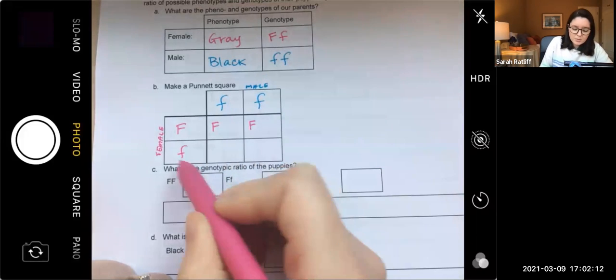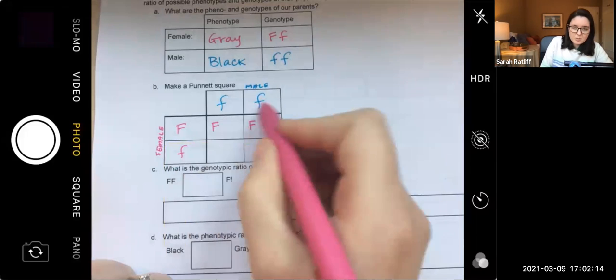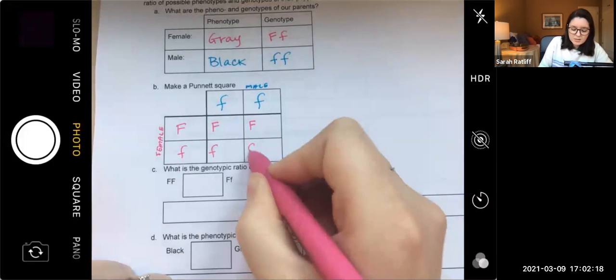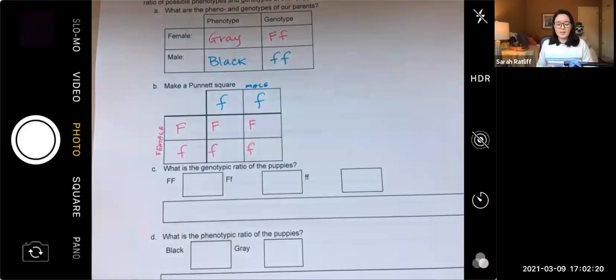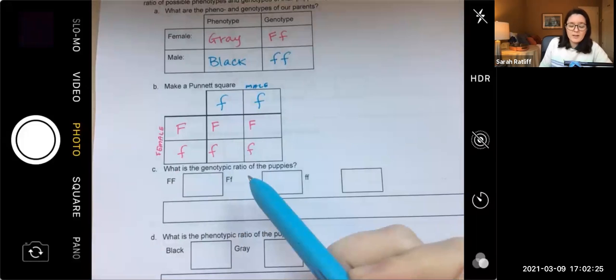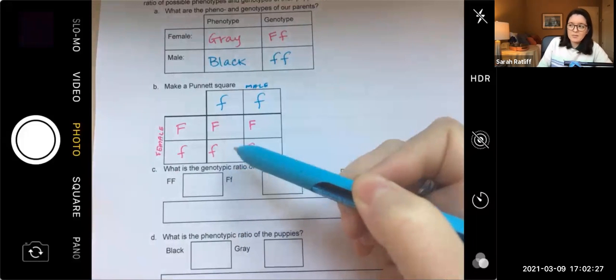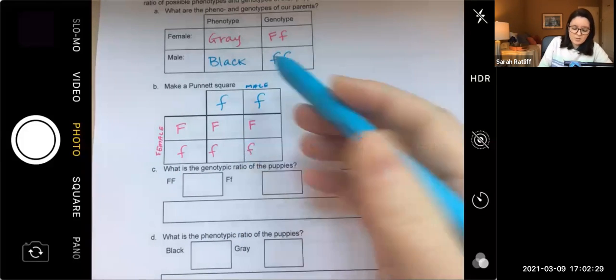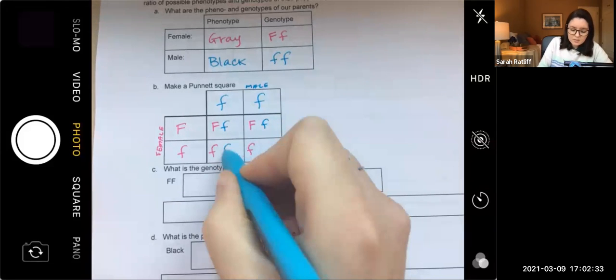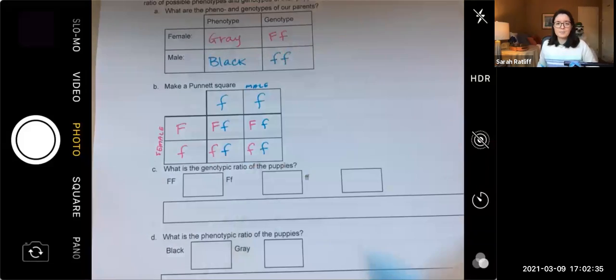Then it doesn't matter which one comes first here because the male is only going to give us little f's. So I'll keep consistent with my colors here, and do our two little f's for the female. Our female donated one allele to each of her offspring. Now the male has to come in and give his single allele to each of the offspring. Little f there, little f there, little f there, little f there.